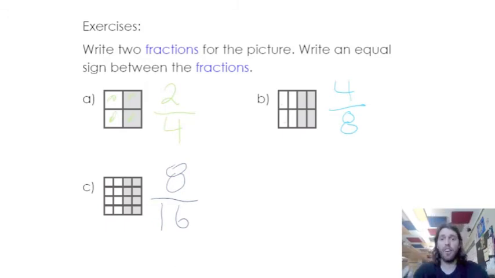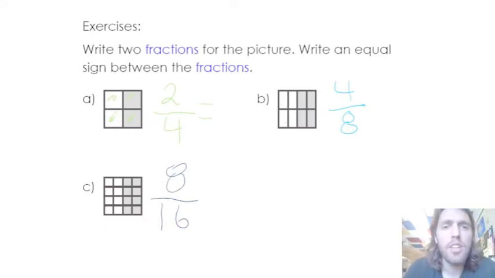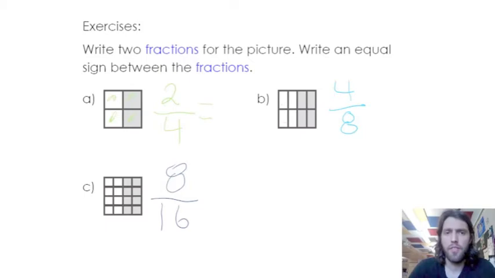And now we need to create another fraction that equals the same amount. So we have to have that equal sign in between. So if we look at how much of this whole box is shaded in, right? I'd say that's half, right? So let's look at how we could change 2/4 into 1/2.